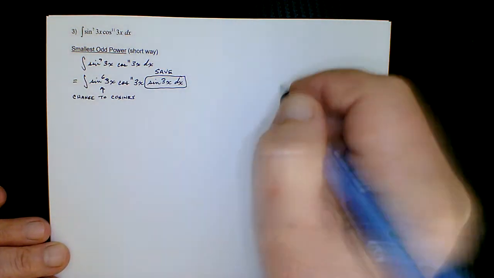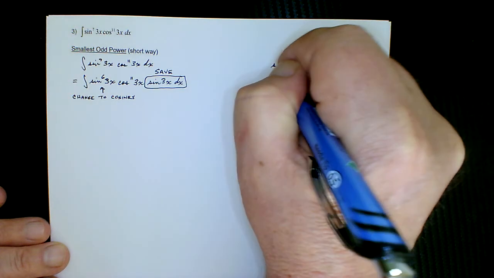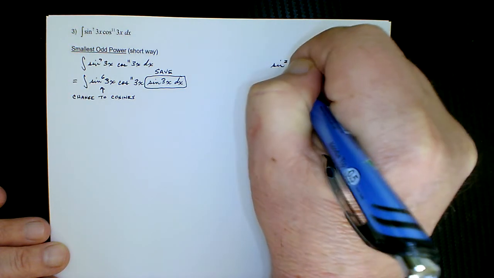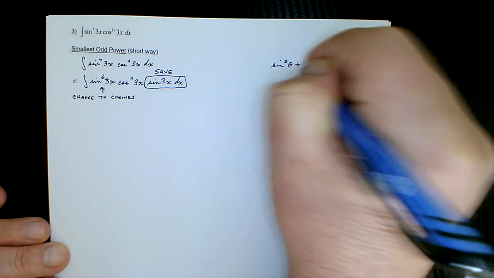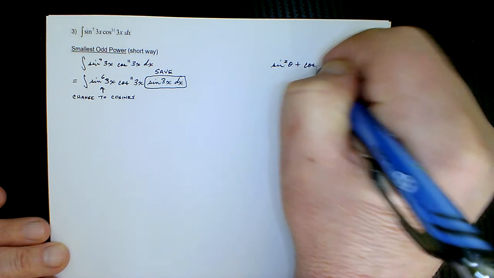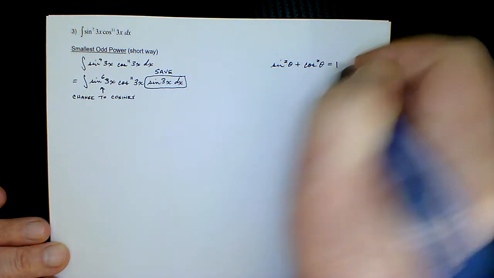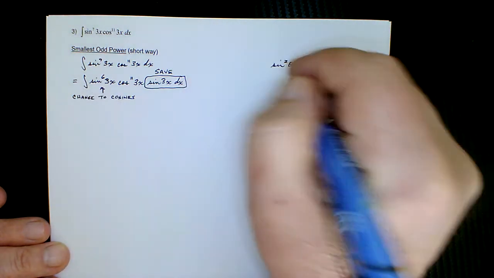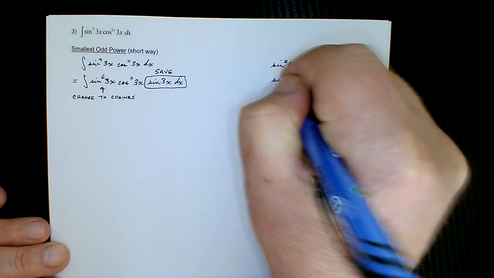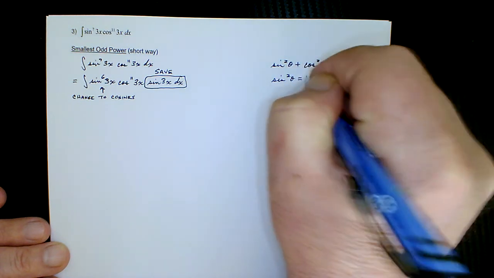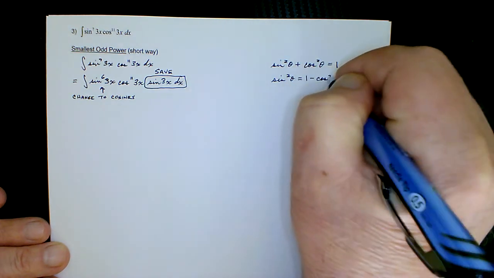And we could do that because, as we talked about earlier with sine to the 4th, we know sine squared plus cosine squared is 1. So if my focus is on the sine function, I'll isolate sine squared. That's 1 minus cosine squared.